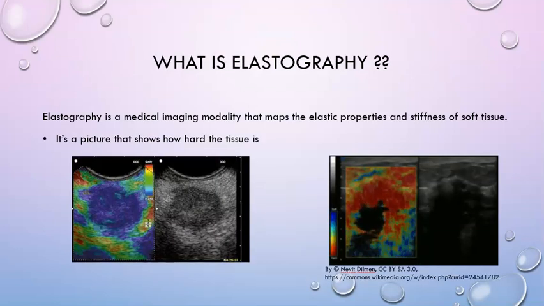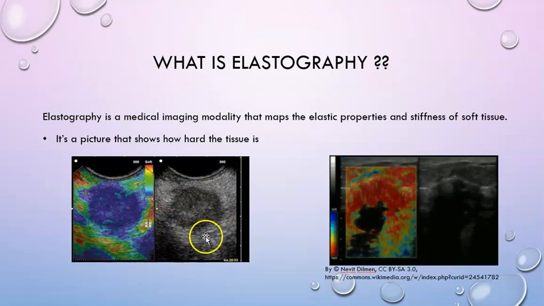So what exactly is elastography? It's a medical imaging modality that maps the elastic properties and stiffness of soft tissue. So we could re-say that as just, it's a picture that shows how hard the tissue is. And so with elastography, we have a lesion seen in this picture on the left, and it's hard to tell if this lesion is a benign fibroadenoma or if it's something significant.